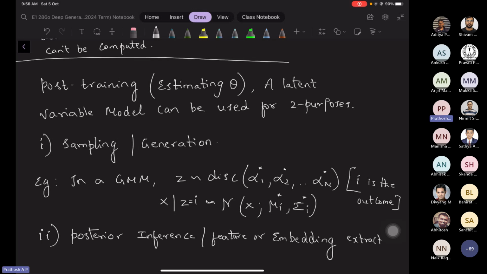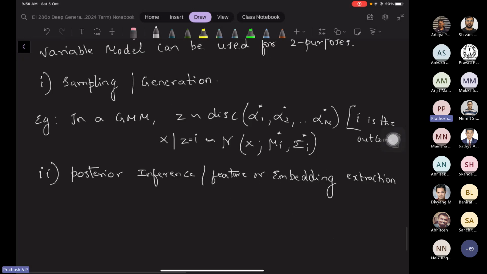This becomes embedding extraction, or it's also called clustering if Z is discrete.